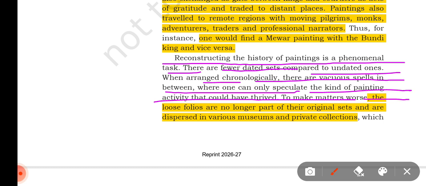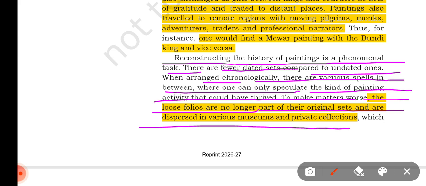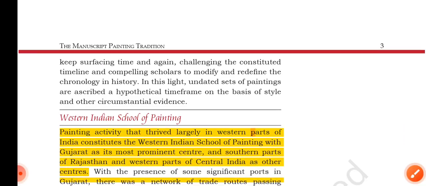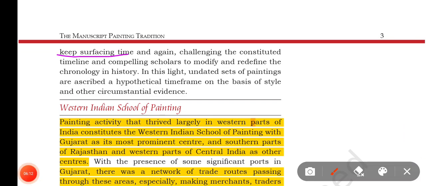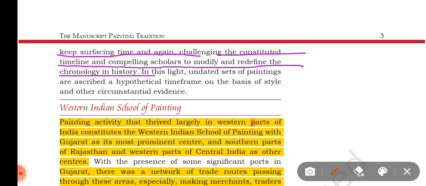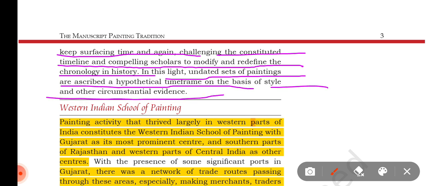To make matters worse, the loose folios are no longer part of their original sets and are dispersed in various museums and private collections, which keep surfacing time and again, challenging the constituted timeline and compelling scholars to modify and redefine the chronology in history. In this light, undated sets of painting are ascribed a hypothetical time frame on the basis of style and other circumstantial evidence.